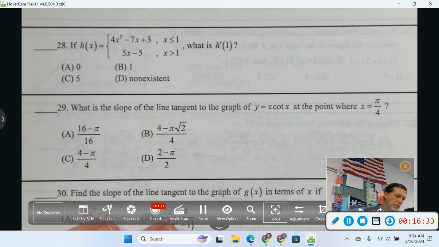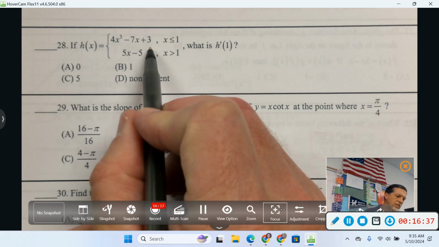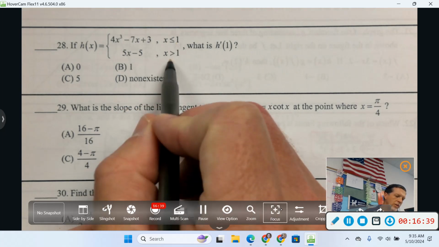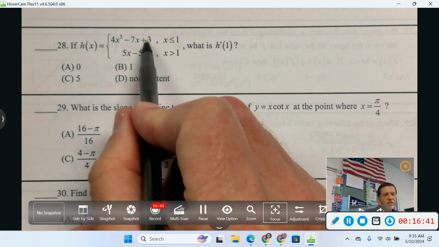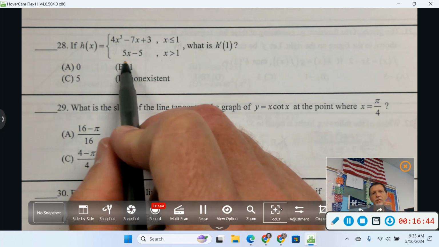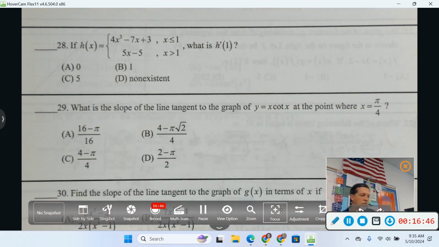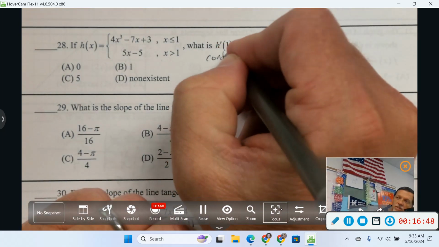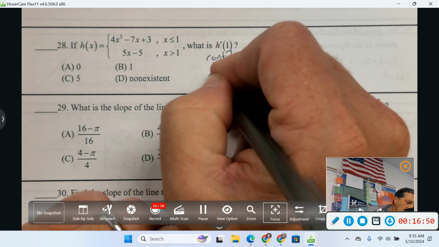H prime at 1. This is tricky because at 1 we're changing functions. We're changing from a cubic to a linear. So I need to check to see, is this thing even continuous? And then I need to check about its derivative.